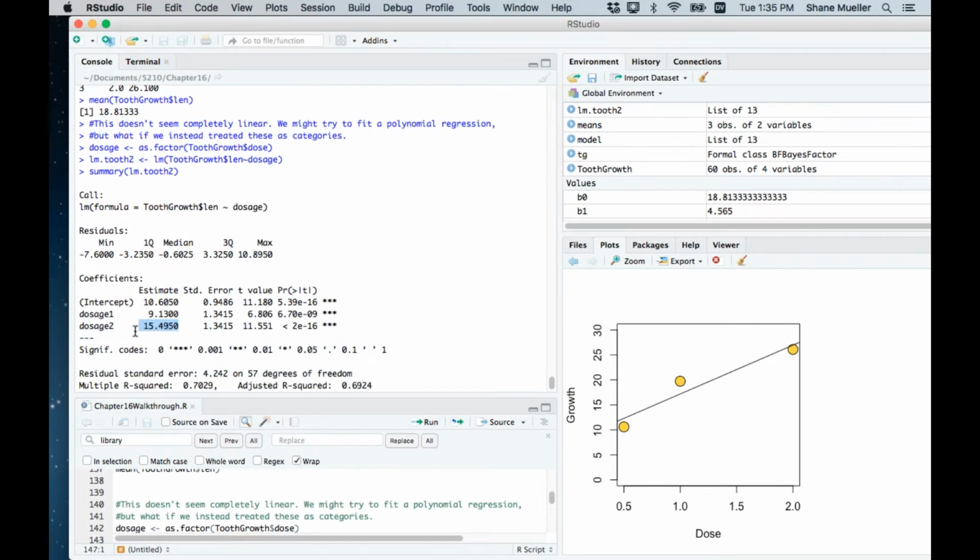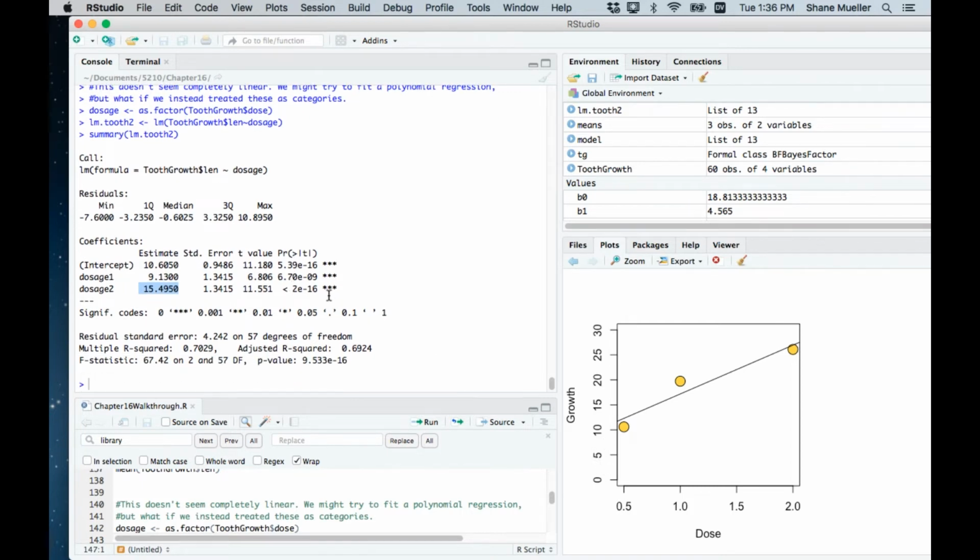Each of these is now, we can say, a planned comparison. Each of these is significantly different than the baseline of 0.5. And of course we could have had a baseline of 0, which would have made even more sense, as our zero dosage or a controlled dosage level.